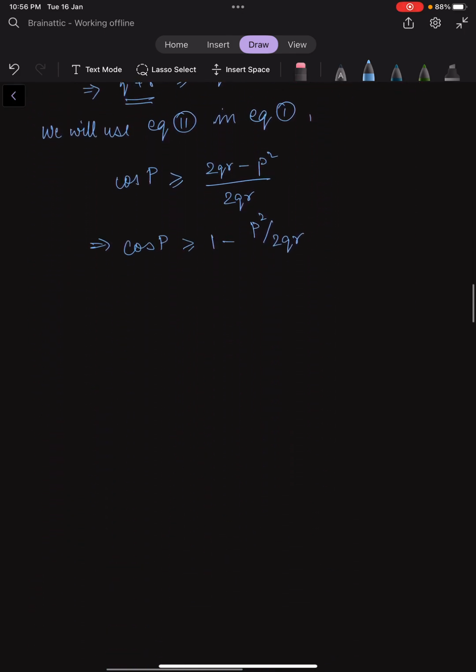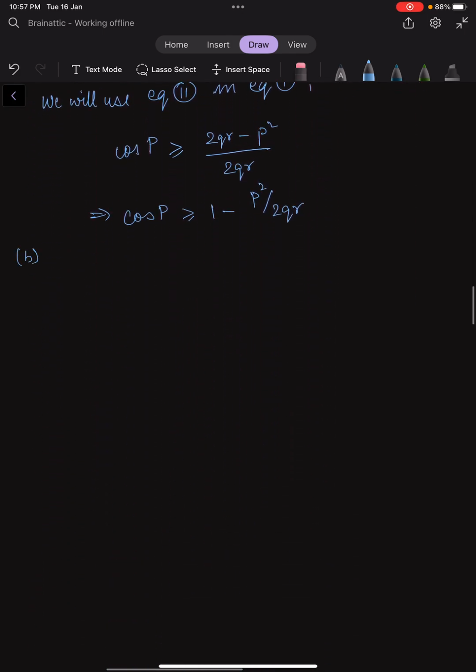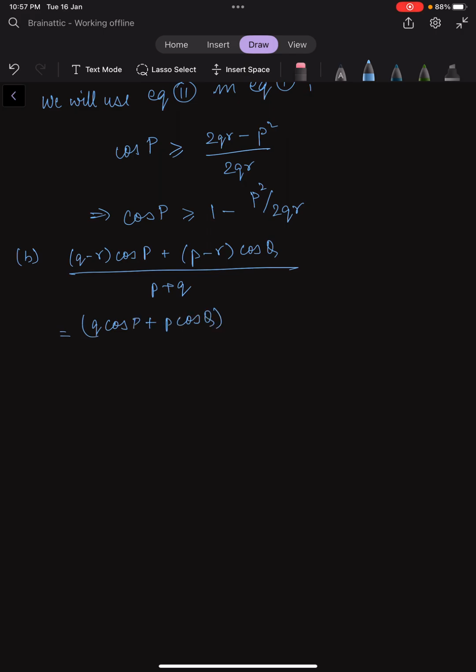Now for the second option, option B, we'll start solving from the right hand side. So q minus r cos P plus p minus r cos Q whole divided by p plus q. Now we'll rearrange the terms to see cos P plus cos Q whole divided by p plus q.